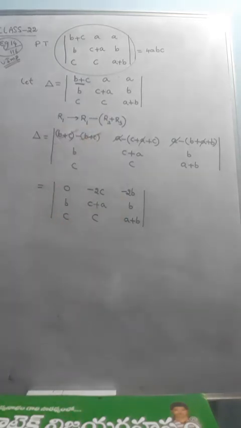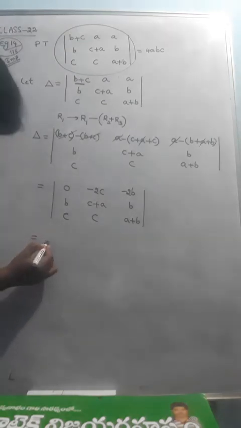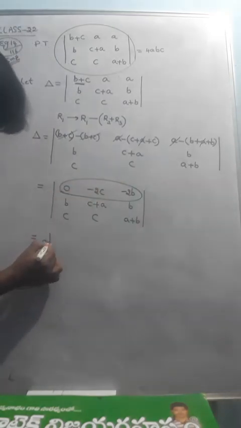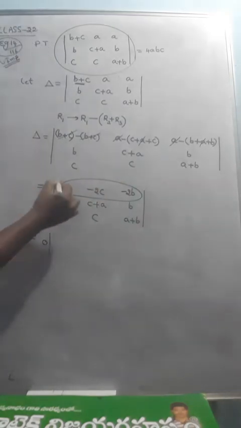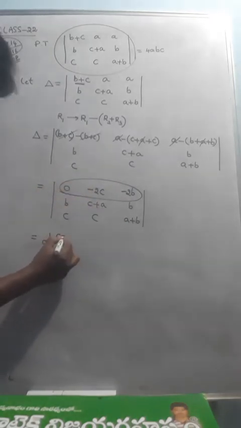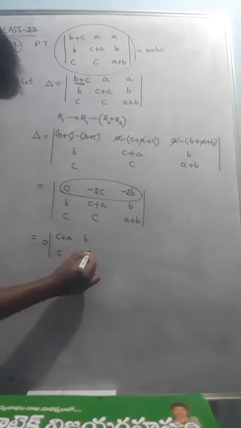Then you have to expand. I will give priority to the first row. 0 into the determinant of the remaining after forgetting first row and first column: c plus a, b; c, a plus b.